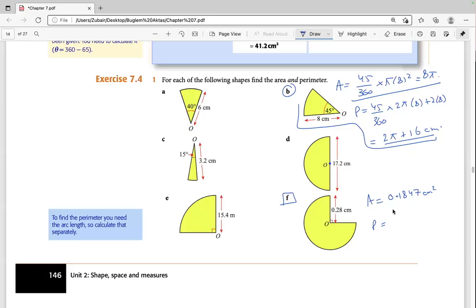What angle are you using for circumference or area? This is a major sector. So I have to use 270. Yeah. Either we use 270 or we use 90 and then subtract it from the complete circle. For the circumference, we also add the two lines, so it would be plus 2r.